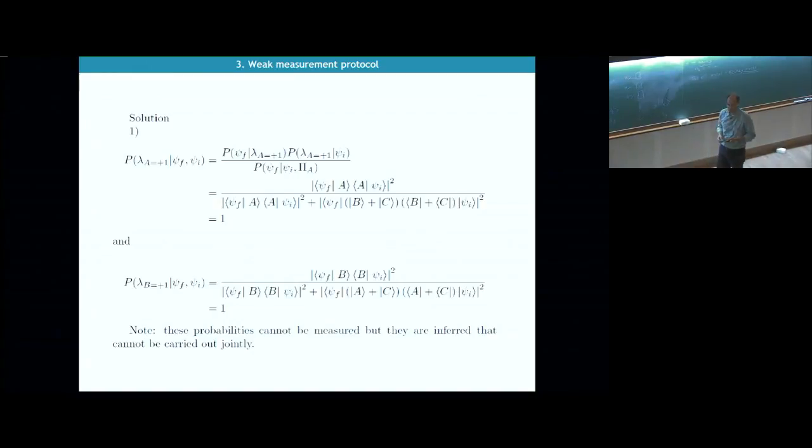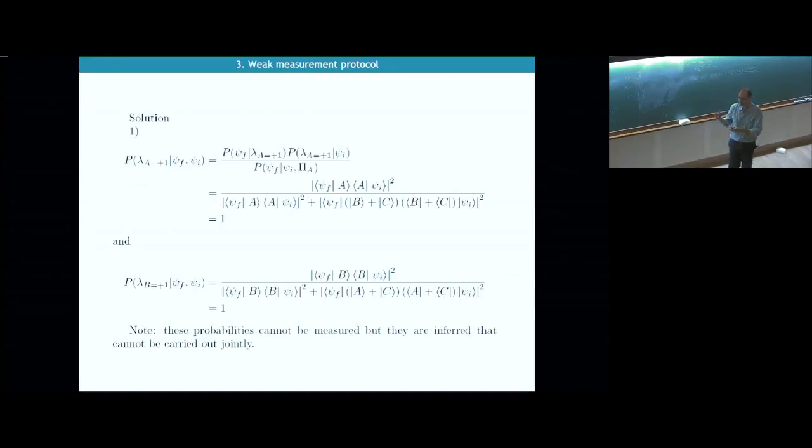But the crucial point is that, of course, these probabilities are not measured. They are inferred from frequencies you would measure. And the measurements you would do to infer these probabilities cannot be made jointly, right? So there's no contradiction with whatever you could do experimentally.